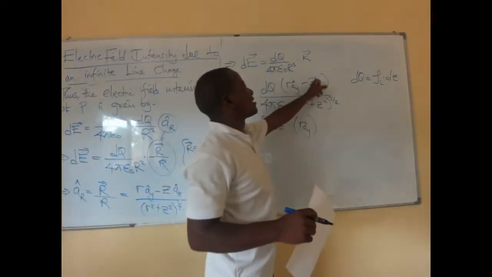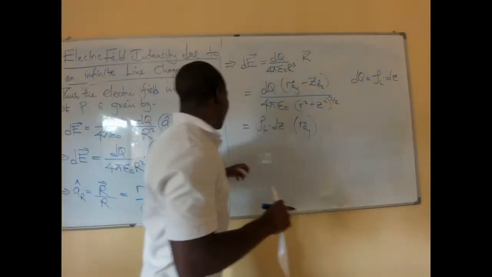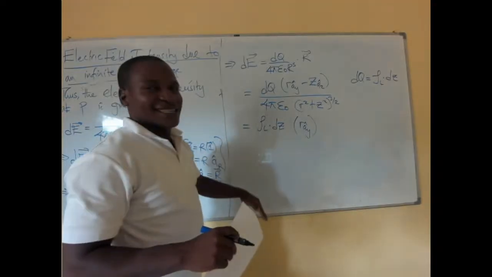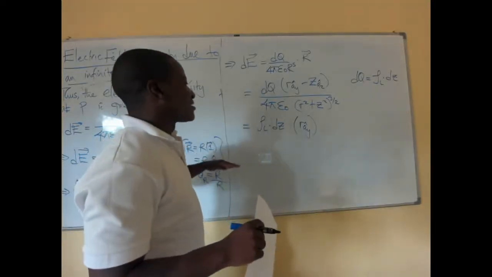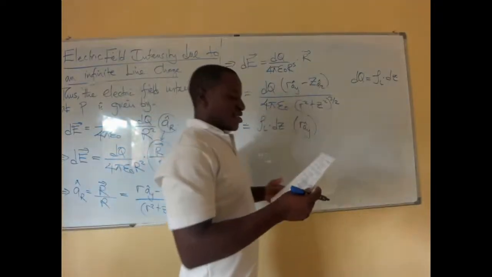What we are getting is that the component in the z direction gives us 0. If we are looking at the point P, what we are getting is only in the y direction and in the x direction. So the components of the z direction will cancel, and that gives us 0 there.